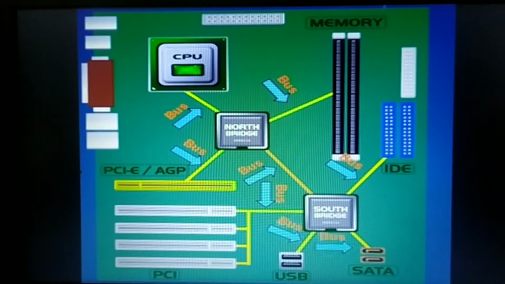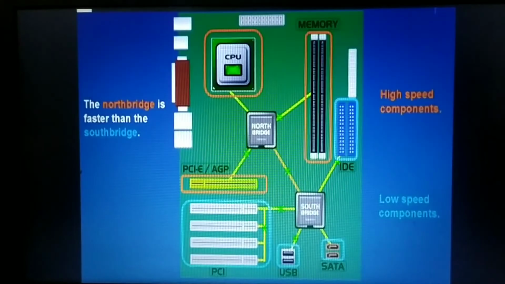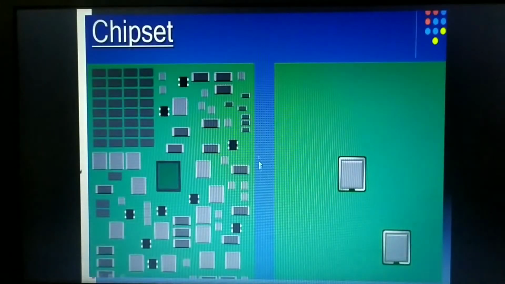Now we will move on to a very important one, that is the chipset. One of the most important components that we find on our motherboard is the chipset.